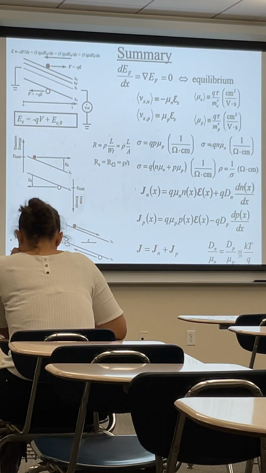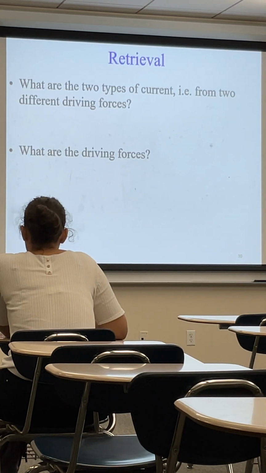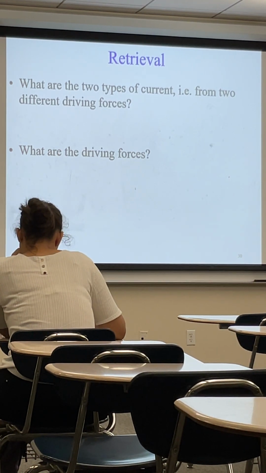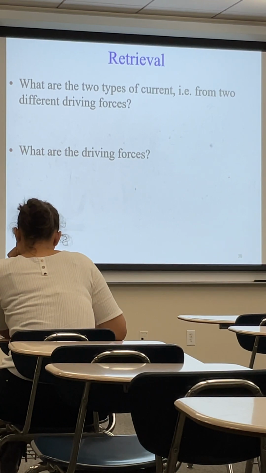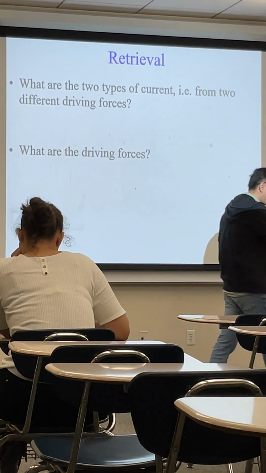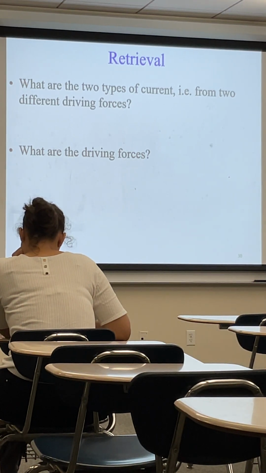We still have some time left, so I want to show you some examples. We talked about there are two types of current, from two different driving forces. What are these two types of currents?